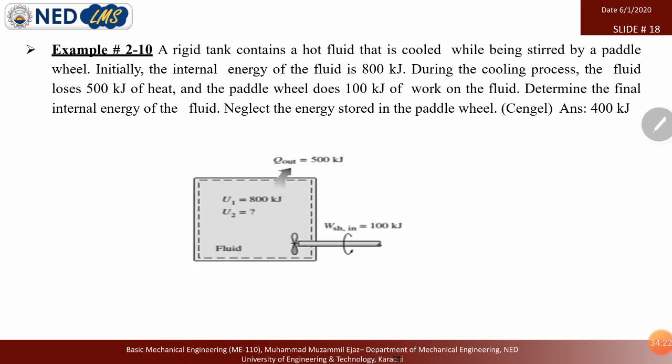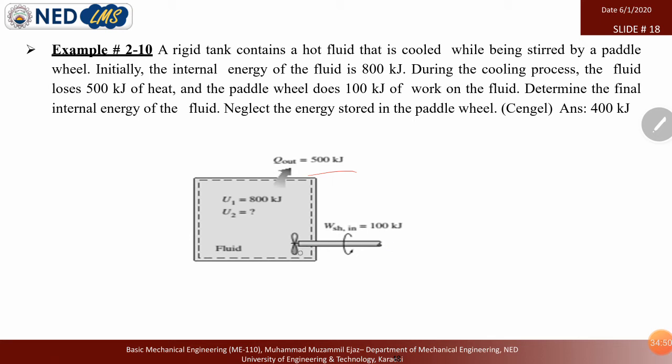First numerical, it is a very easy numerical. Example 2.10 from the book Cengel. This is a picture in which the rigid tank contains a hot fluid that is cooled while being stirred by the paddle wheel. Initially, the internal energy of the fluid is 800 kilojoules. During the cooling process, the fluid loses 500 kilojoules of heat, that is shown in the figure.